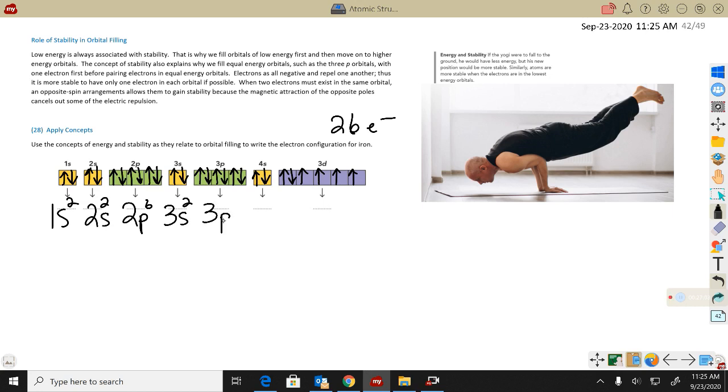The 3p had a total of 6. 4s2. And finally, the 3d orbitals have a total of 6 electrons. So hopefully this helps a little bit and puts things in perspective. Those bubbly shapes are great, but now we have like a bigger picture, like a better roadmap of where the electrons can be found in an atom.